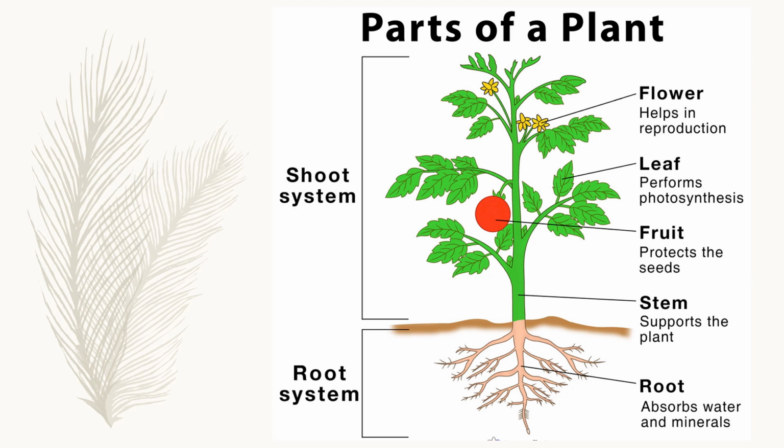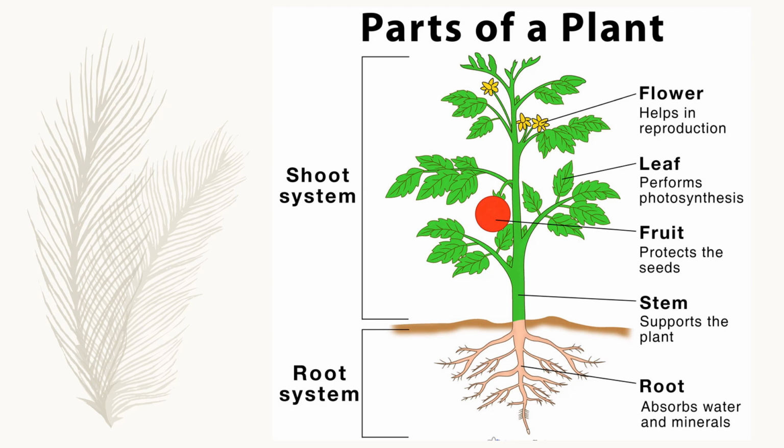Okay, now let's get to know these parts and the function of each part. As you see here, we have 2 systems: one down the ground, the root system, and one above called the shoot system. Okay, let's start from down. Where can we find roots? Of course, down the ground. So down the ground, we have the root system, roots. Then the shoot system. And the shoot system has first the stem. Now we are above the ground.